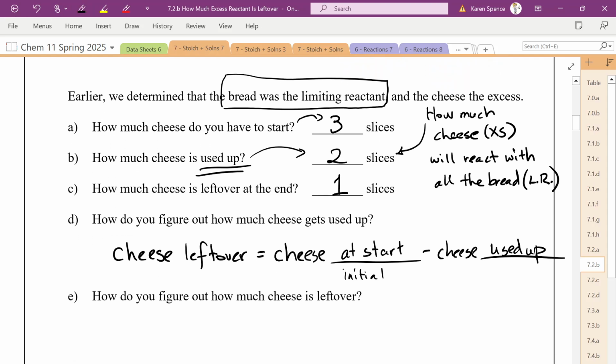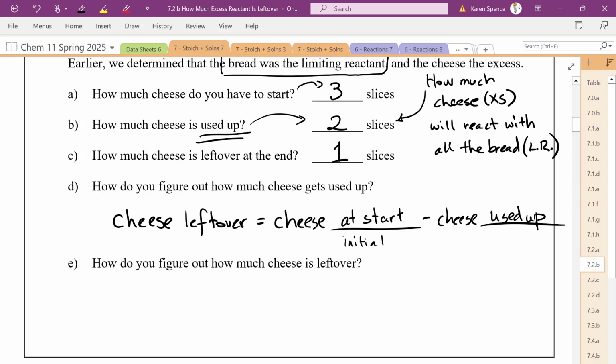It's super easy. How did you figure out how much cheese? Oh, whoopsie. I got these backwards. I'm so sorry. How did we figure out how much cheese gets used up?